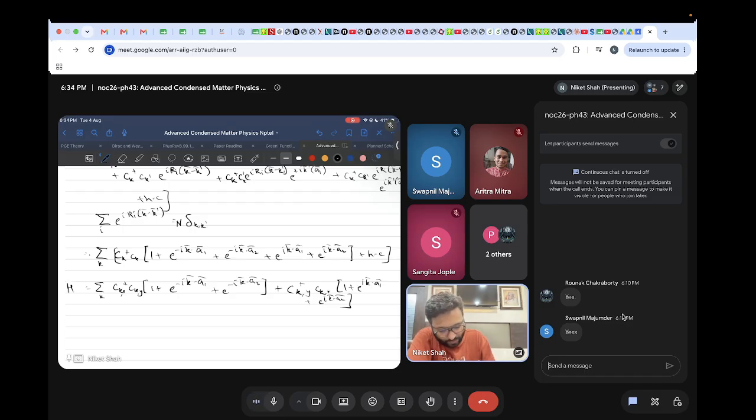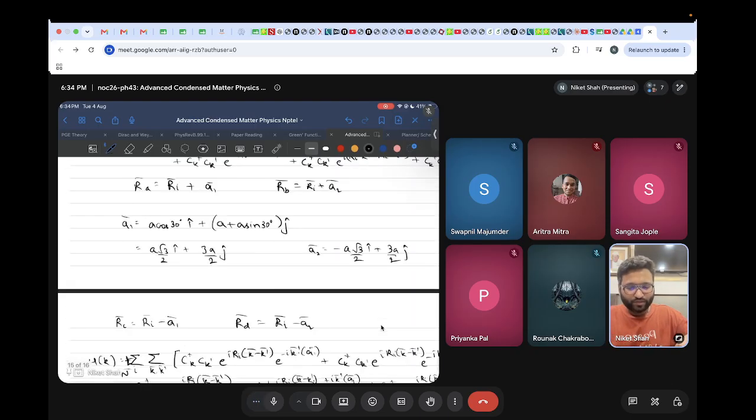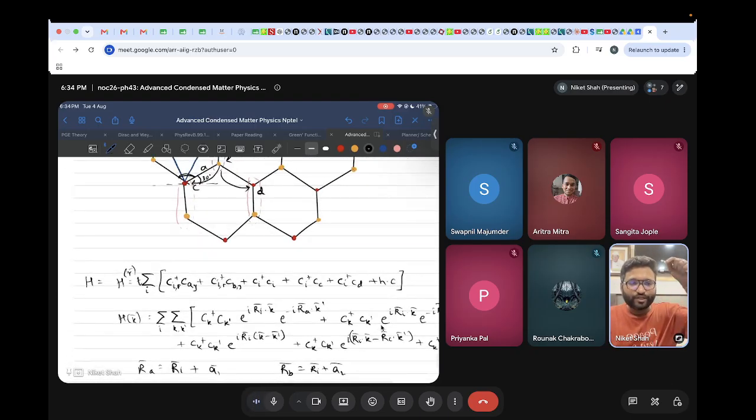This is the kind of Hamiltonian you end up getting. You have two different kinds of atoms. For those two different kinds of atoms, you have two different kinds of terms. So this is a very important, crucial point to consider, that your c k daggers also have not just the lattice index but also the kind of atom, because the lattice index or I that we are considering is just a unit cell index.